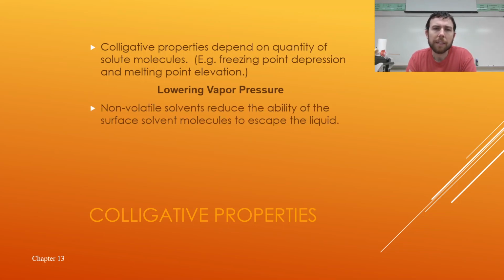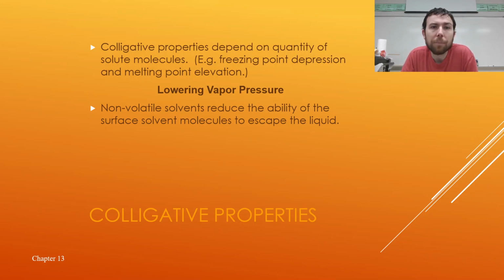Well, if we think about it, a non-volatile solute is going to reduce the ability of the surface solvent molecules to escape the liquid. Now, I want you to remember when we were talking about phase changes in gases, vapor pressure is simply this equilibrium that we reach when the surface of the liquid is escaping, and then you have the gas particles that are going back into the liquid form.